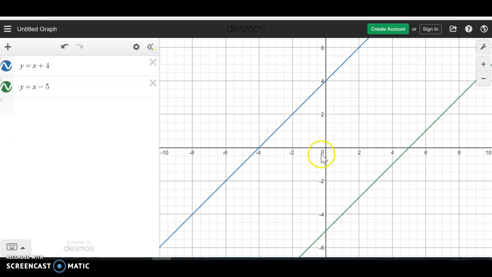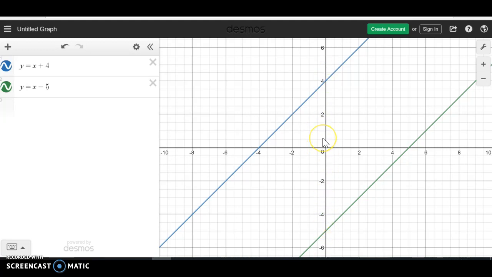I'm going to take away that original equation and show you that if you have an example like this, where it's going to ask you how many units did the line shift down. Well, if you start with y equals x plus 4, it shifted down 9 units. You had to go down to 3, 2, 1, 0, -1, -2, -3, -4, -5. That's going down 9 units.